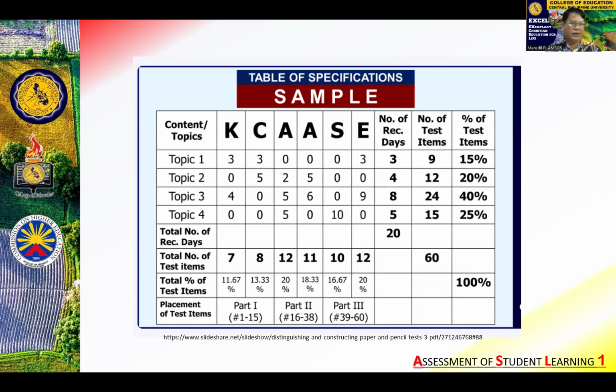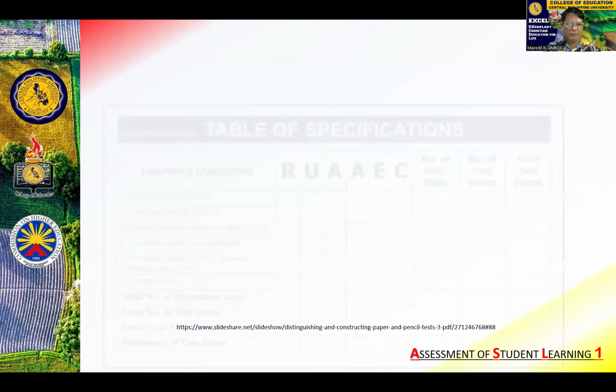Probably for test two you can have application and analysis. And for part three, you have 39 to 60. If you total all the test items, you have 60. That's one thing to make sure that your answer is correct and the table of specifications that you have is correct.